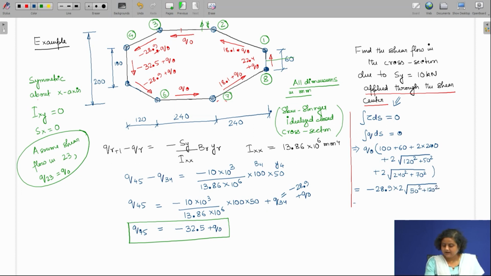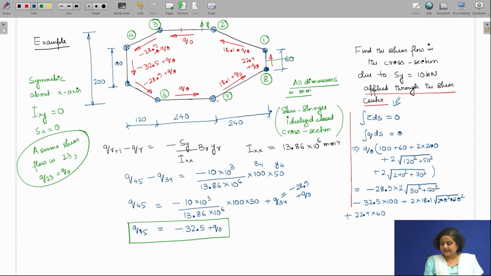Then we have minus 32.5 into 100 plus we have 2 into 18.1 into square root of 240 square plus 70 square, and then we have 22.4 into the vertical web 60.